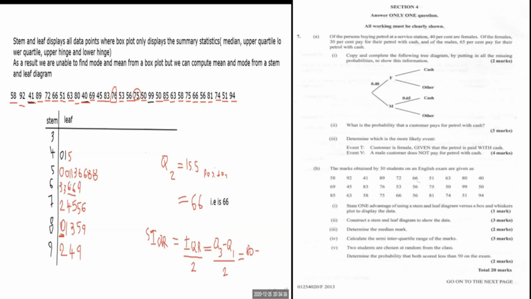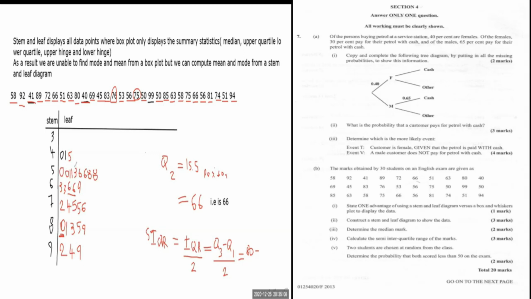Q1 is the 8th term from here. So we're going from here, 1, 2, 3, 4, 5, 6, 7, 8.